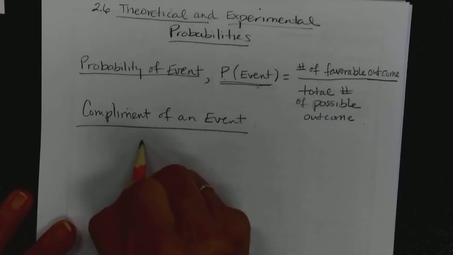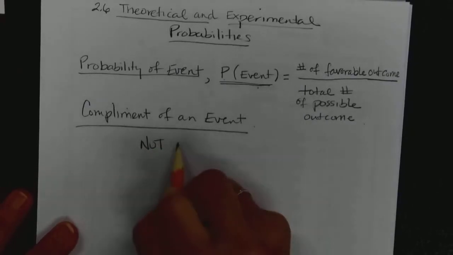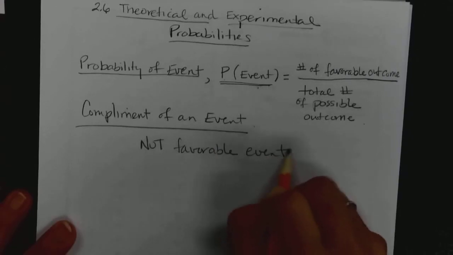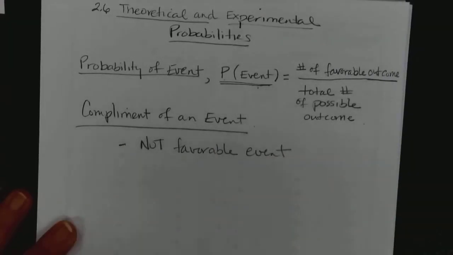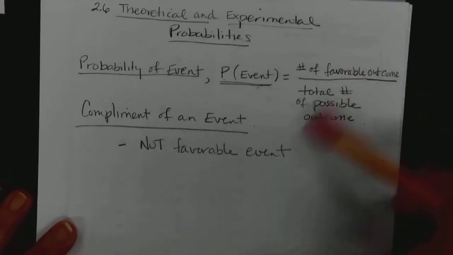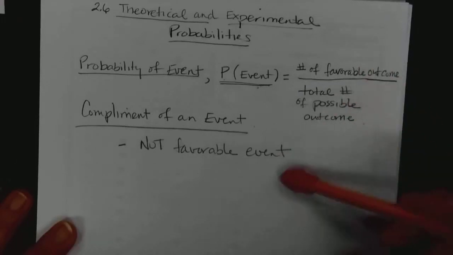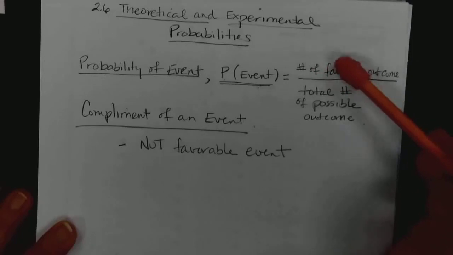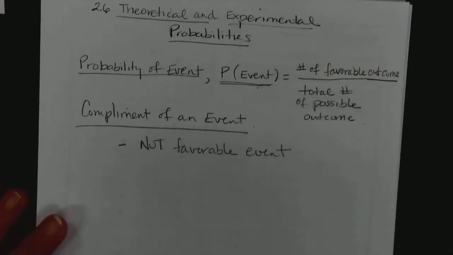So the complement of an event is the not favorable event. These two together should total 100% or 1, because this is what is not favorable and this is what's favorable. Any questions about how to write probability?